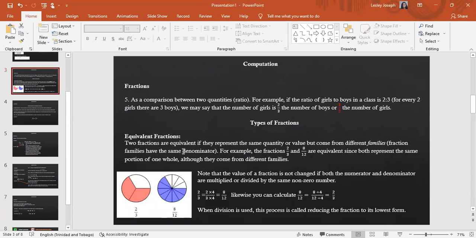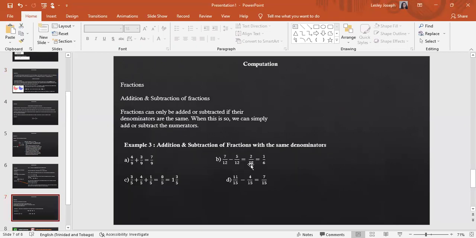When we are dealing with equivalent fractions, we want to reduce our answer to its lowest form. And while 2 twelfths, the answer for B, is correct, it is not the lowest form. So whenever we do calculations involving fractions, our final answer must always be reduced to the lowest possible form.